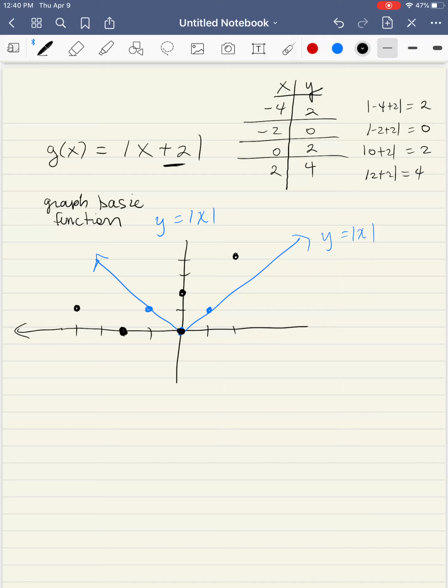We see that this ordered pair on our basic graph, 0, 0, I'm thinking about what value of x would keep y at 0. And it turns out that value of x is negative 2. So that point actually moved to the left 2 units. And each one of our other ordered pairs moved to the left 2 units.